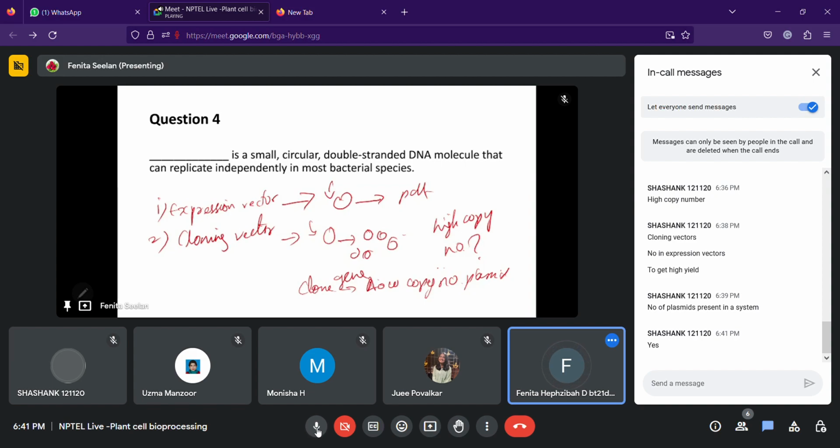Yes. So, do you guys remember anything about conjugative and non-conjugative plasmids? What are conjugative plasmids and what are non-conjugative vectors?